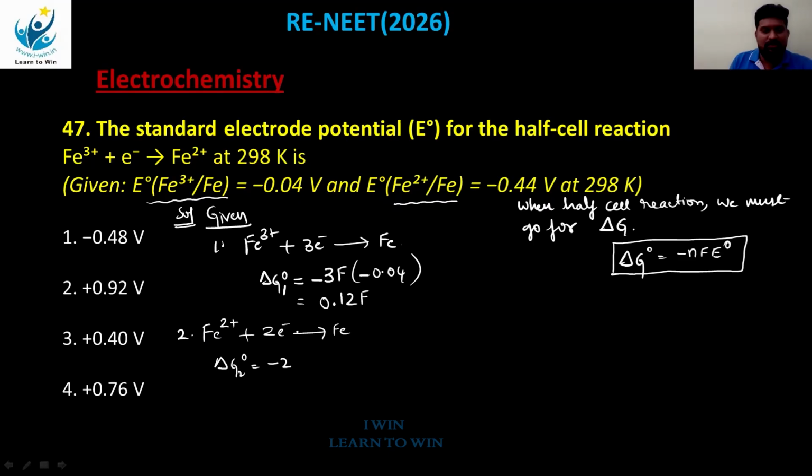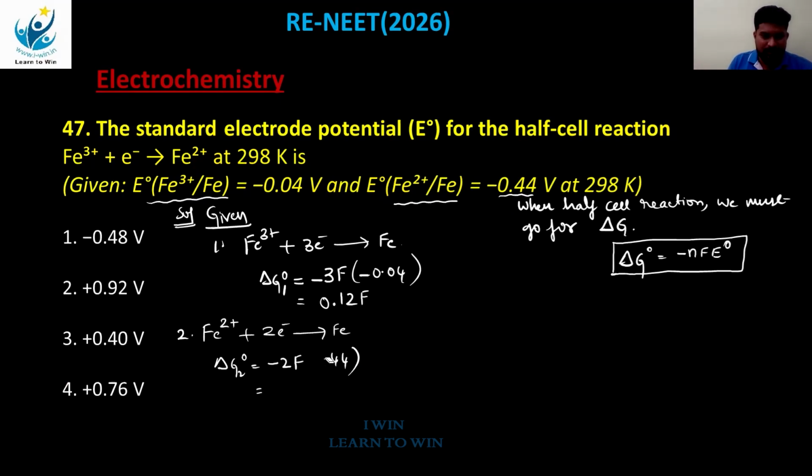minus 2, because we have 2 electrons here. Now F into, what is the value we have, my dear students? According to the given data, we are having 0.44 volts. Sorry, I forgot to put the minus here. Let me correct this, dear student, just a second.